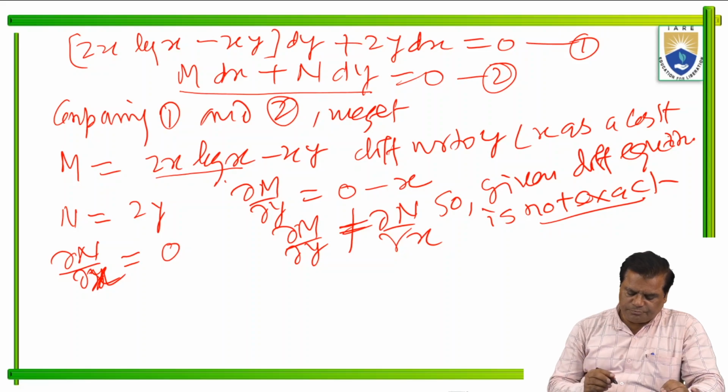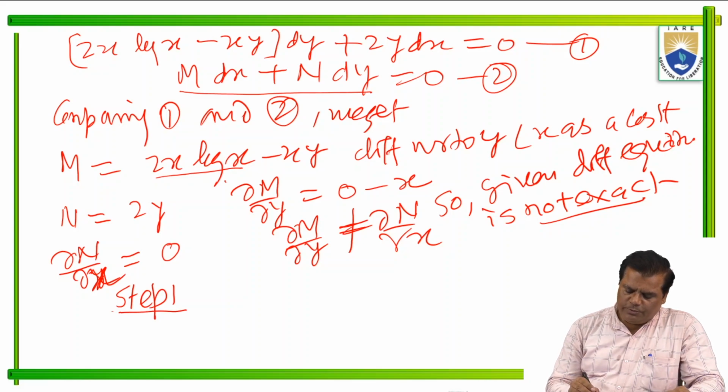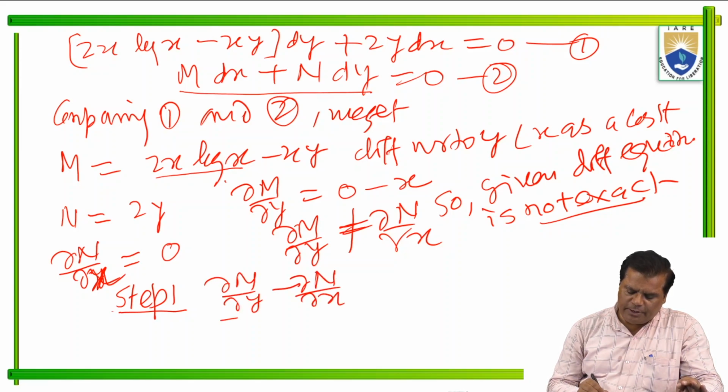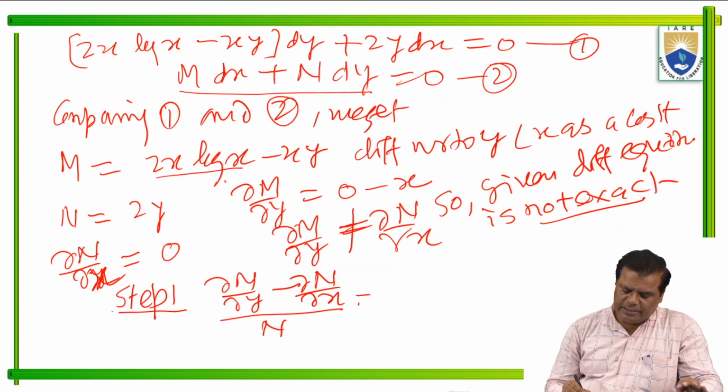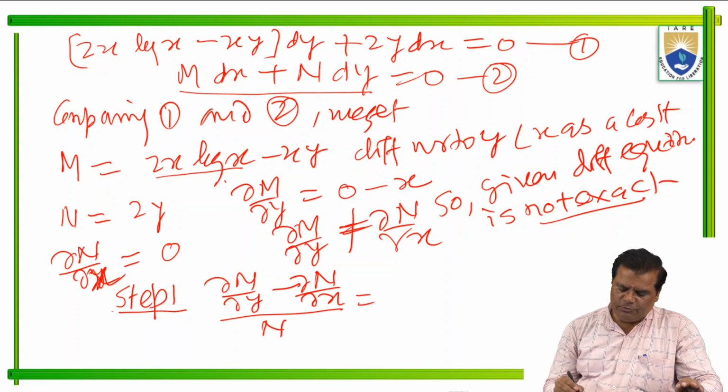Now step 1. Apply the formula del m over del y minus del n over del x upon n. So del m over del y is minus x.